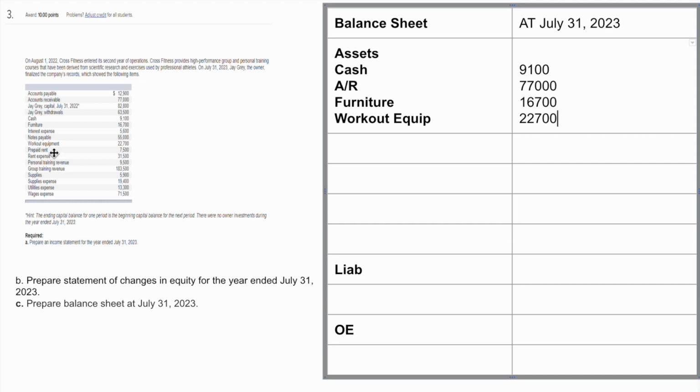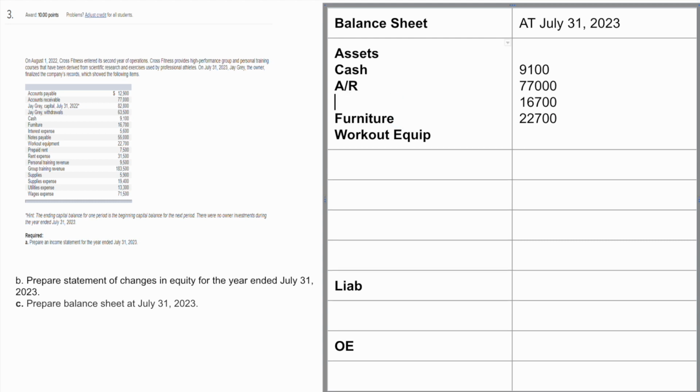Now, prepaid rent is rent that we paid ahead of time, so we basically have our rent already paid, so let's consider it an asset. It's fairly liquid, so I'm going to put it above furniture. Anything that's prepaid is an asset because it will last you in time. It has value. And prepaid rent was $7,500.